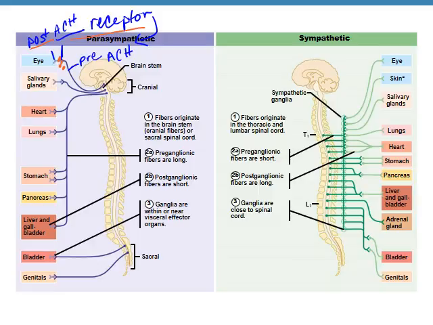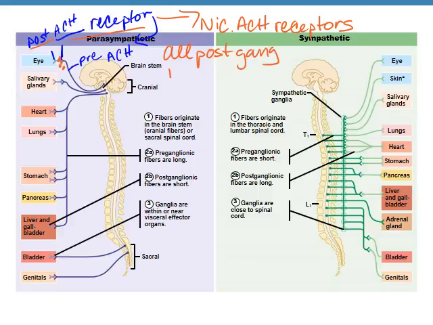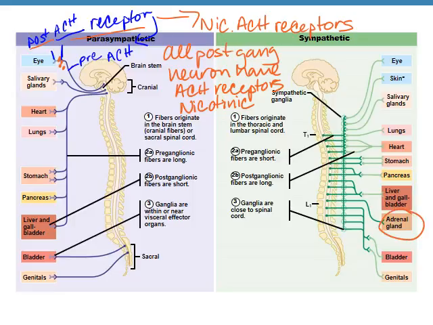It must have an acetylcholine receptor. Well, we said those specific acetylcholine receptors are nicotinic acetylcholine receptors. So we said all postganglionic neurons have acetylcholine receptors, specifically nicotinic. We also said the adrenal medulla.